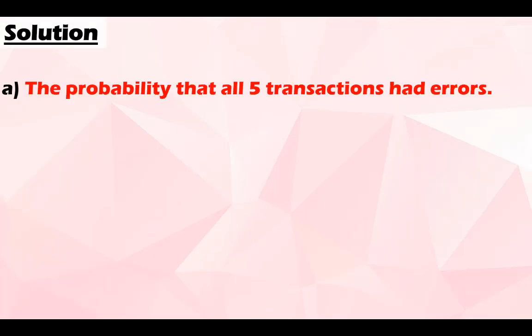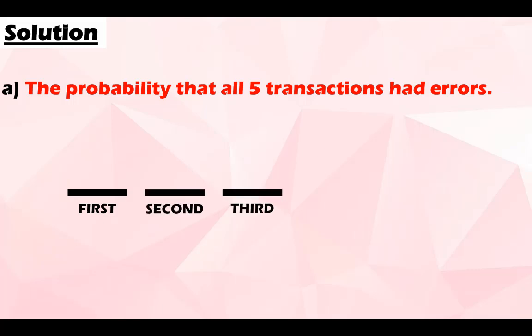So, we'll start with the probability that all 5 transactions had errors. So just like we did with the multiplication rule, we can think of slots to be filled in. First transaction, second transaction, third transaction, fourth transaction, and fifth transaction. Now we're assuming that one transaction has no impact on the next and that these are all independent.